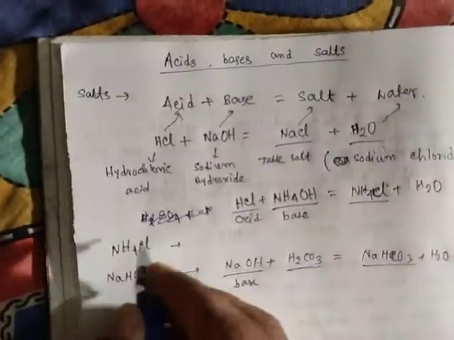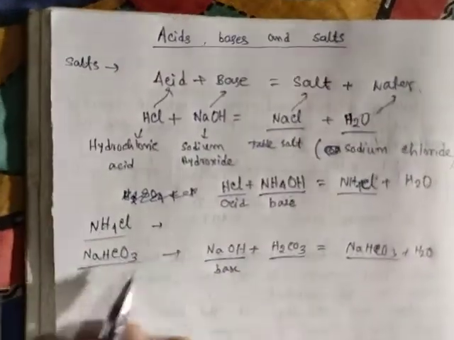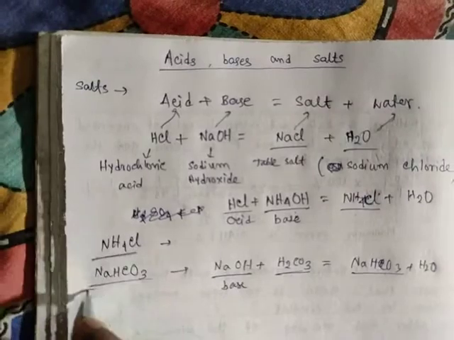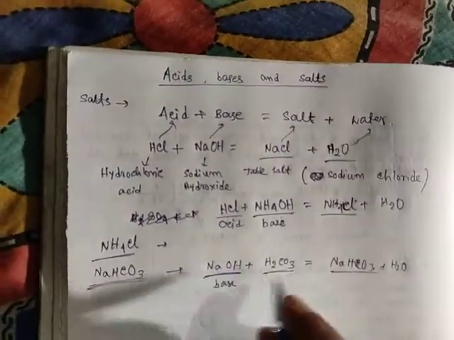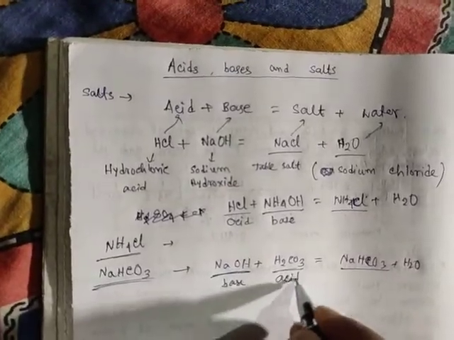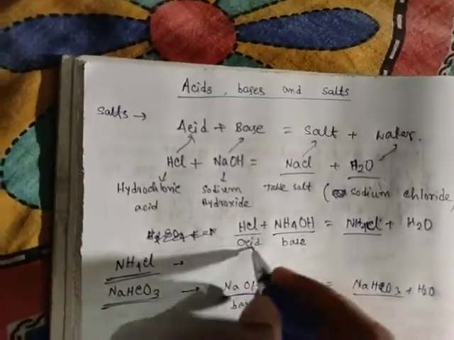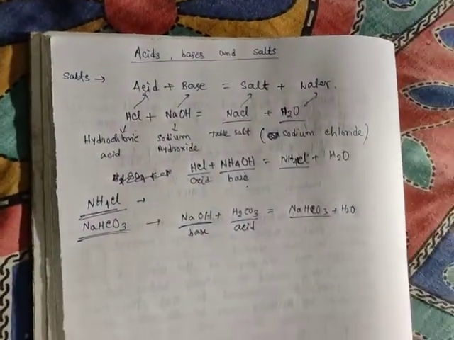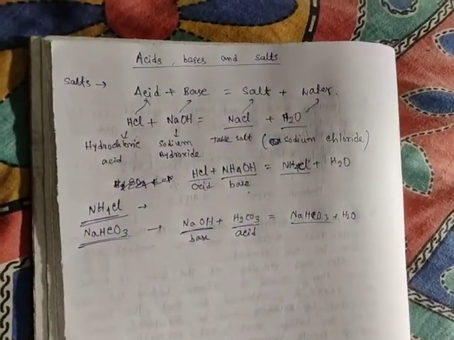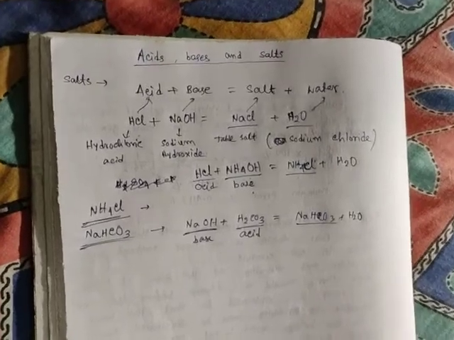So for all the cases we have seen that salts are produced by the reaction of acid and base. NH4Cl, acid and base. NaCl, acid and base. So all the salts are produced with the reaction of acid and base.